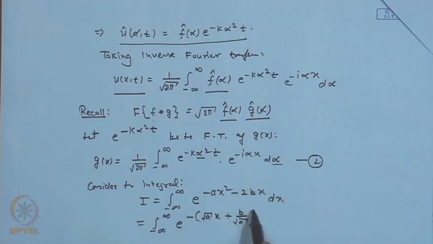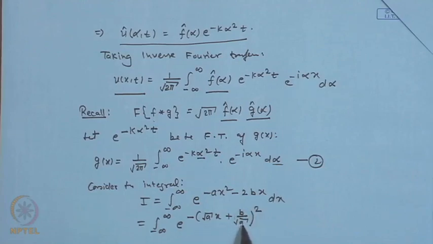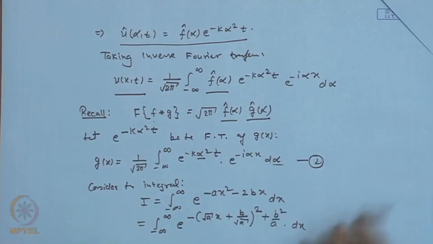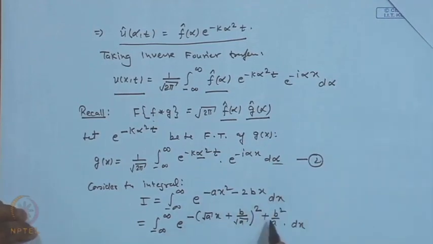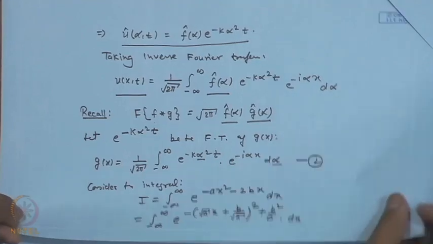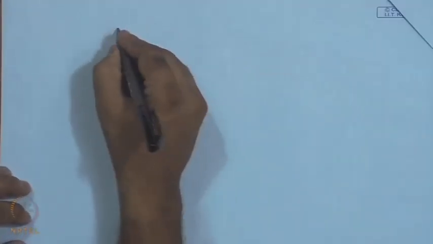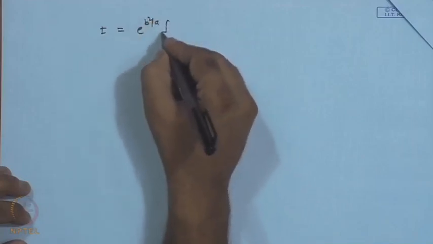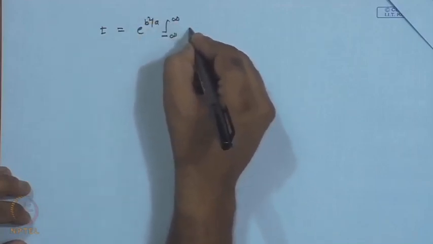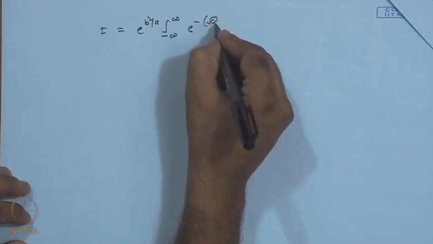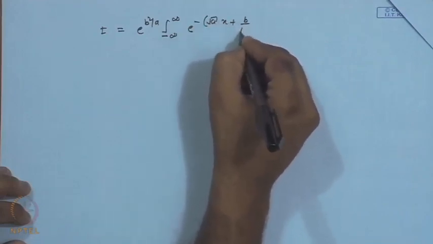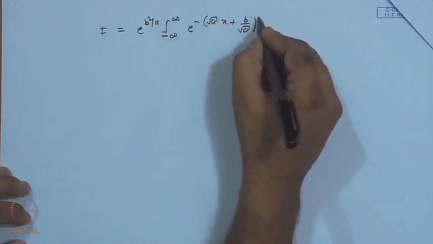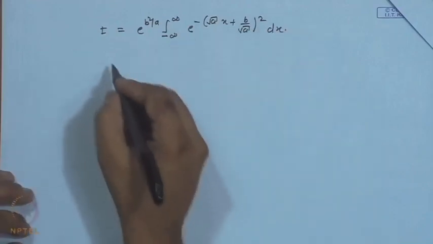What extra do we have here? b^2 over a with minus, so we have to add b^2 over a, and then dx. So, this e^(b^2/a) we can take out of this integral. We have e^(b^2/a) times the integral from minus infinity to plus infinity of e^(-(square root of a x + b over square root of a)^2) dx.